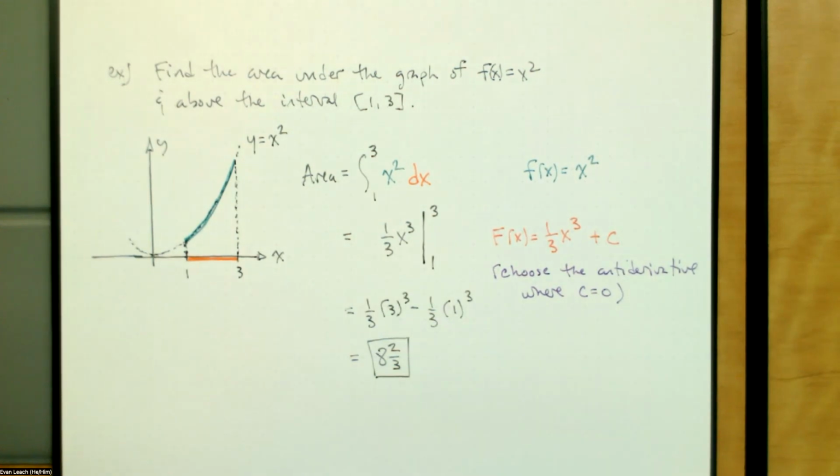Also note we're doing capital F at B minus capital F at A. So whatever constant we use is going to get subtracted out anyway. That's why it doesn't matter which one we use. So let's use the easiest one.